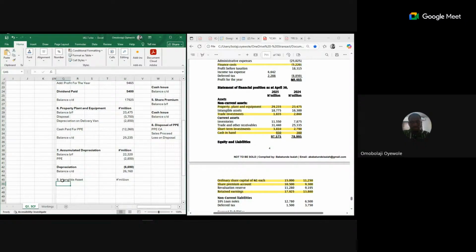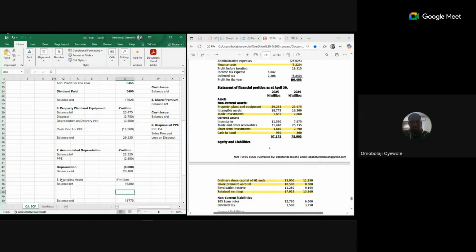So what's the balance brought forward on the intangible? 16,300. Now the balance carried down on the intangible assets was 18,775.